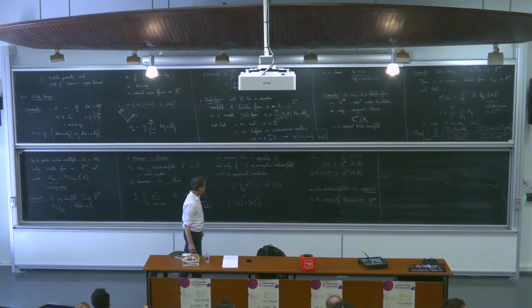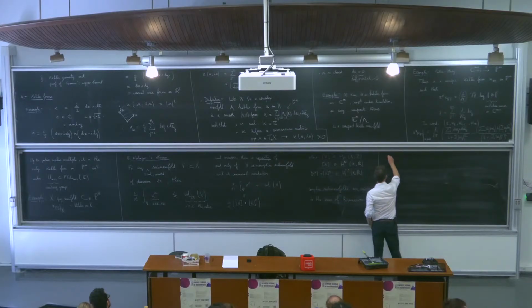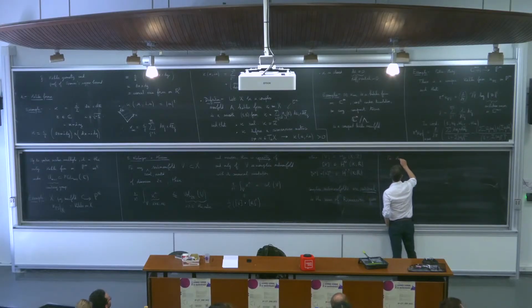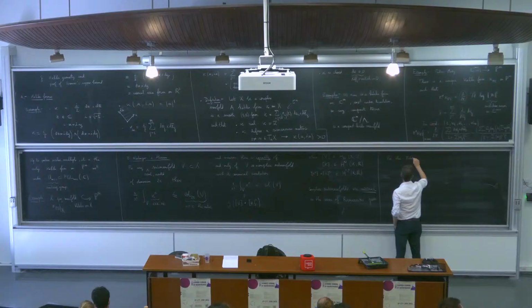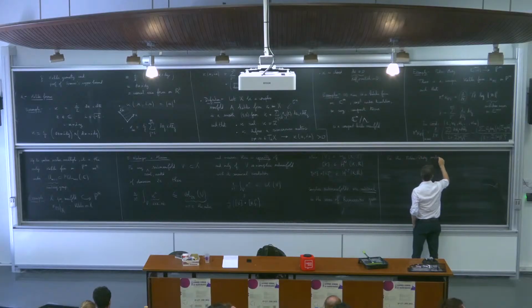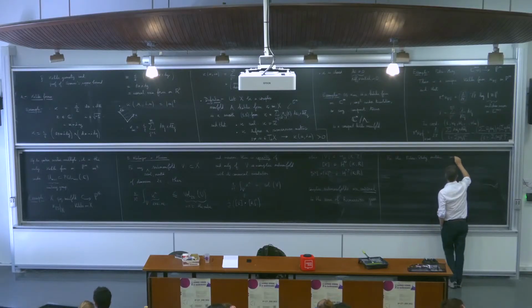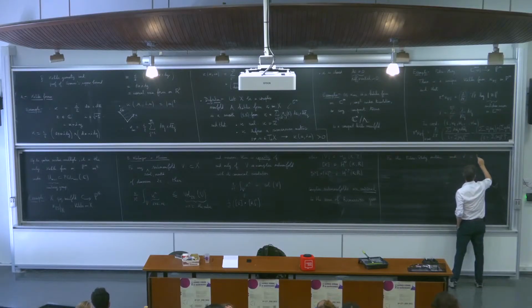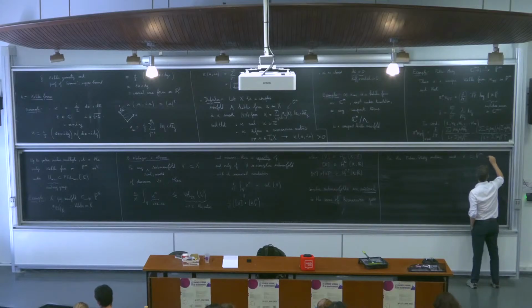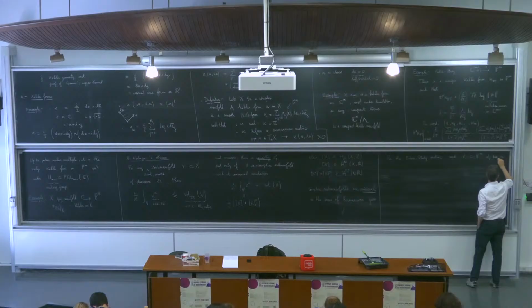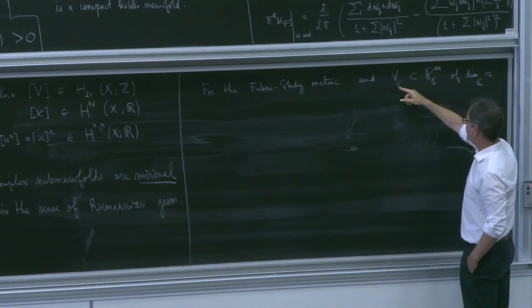And what I didn't say, maybe I write it here, for the Fubini-Study metric and V in P^m of dimension r over C. So I take a complex submanifold of P^m.